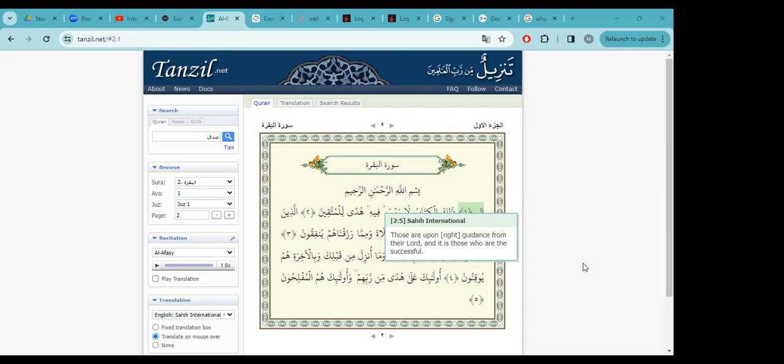So in this we have one particle and four nouns. Good, Alhamdulillah. Well done.